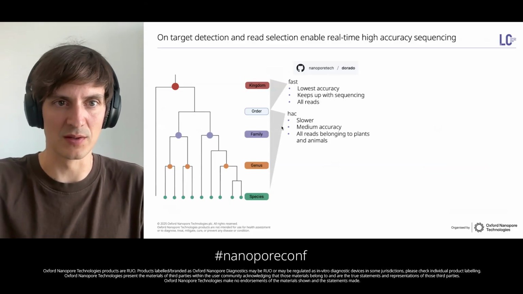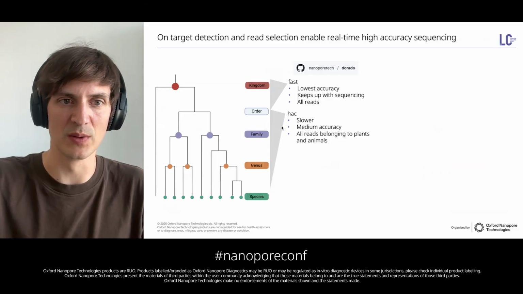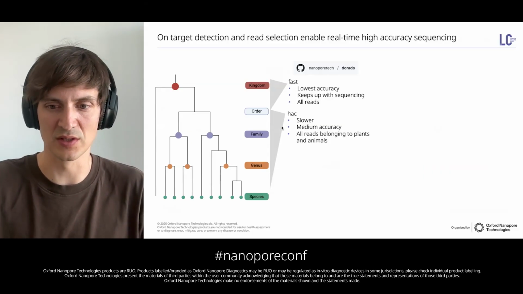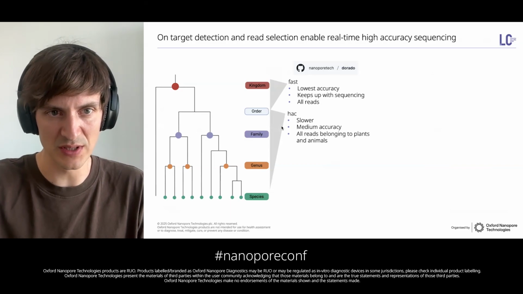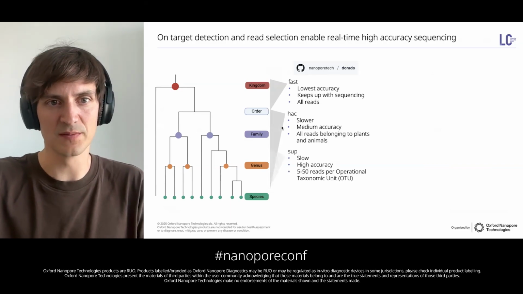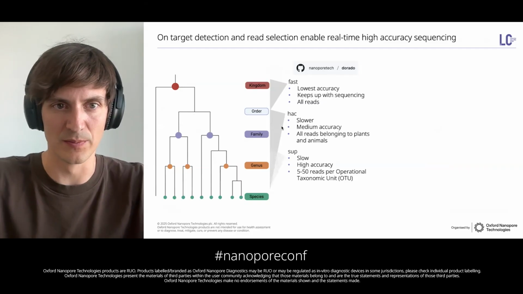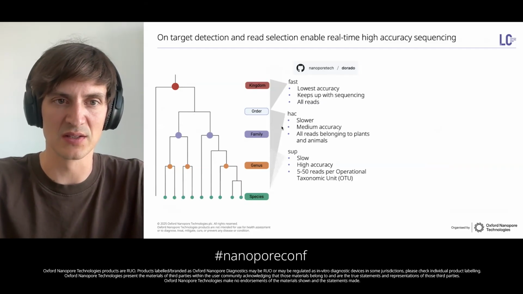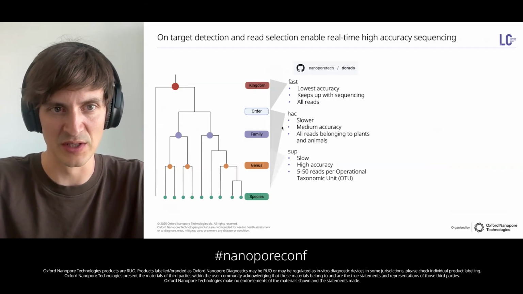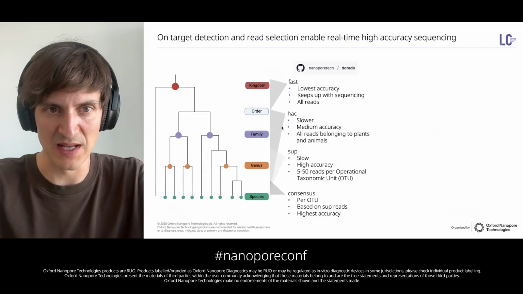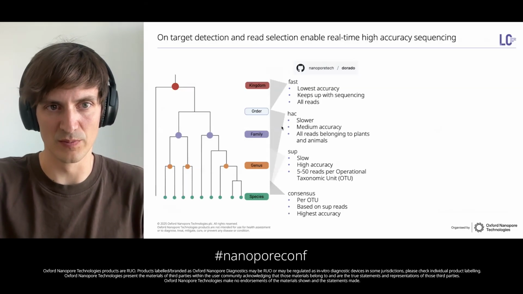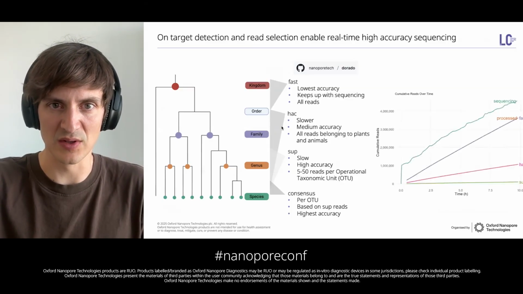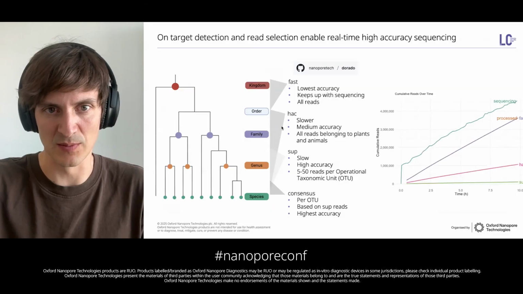And then based on the high accuracy base calling, we clustered the reads into operational taxonomic units. And from these, we selected the most relevant sequences and called them with a super accuracy base calling. So in the end, we end up with highly accurate consensus sequences while still being able to process the reads in real time.